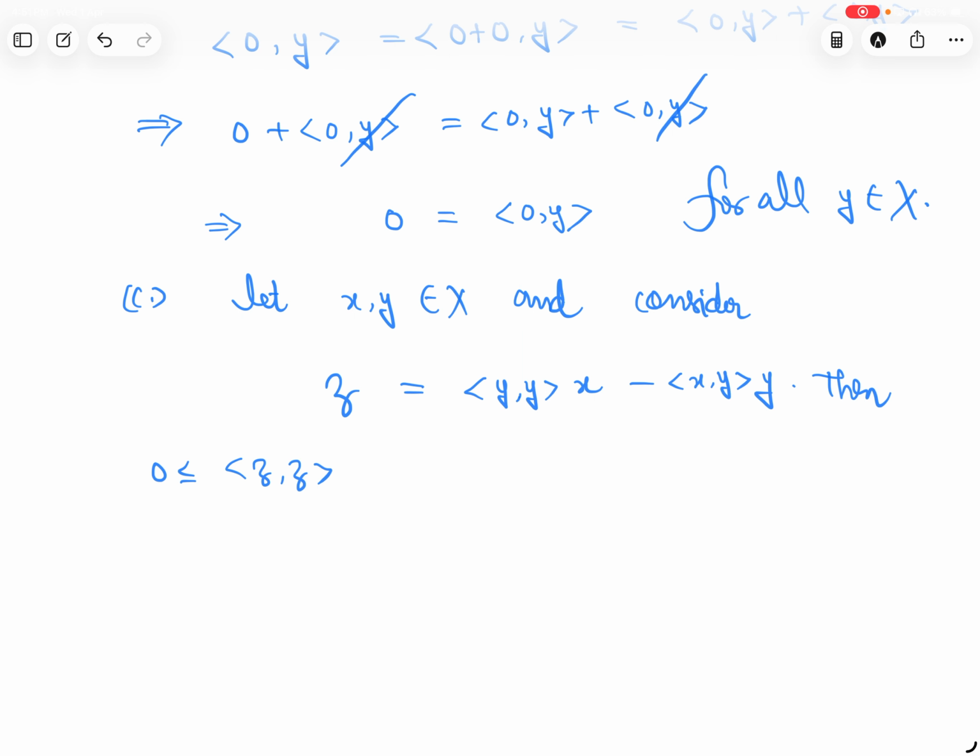So we can expand it. After expanding, you will get these terms, the square of this, and the conjugate of the inner product of x and y.